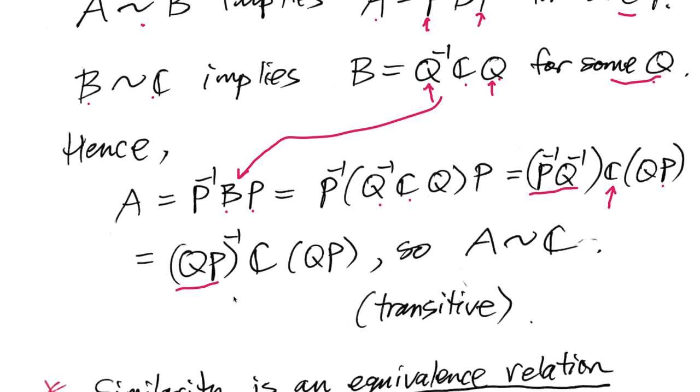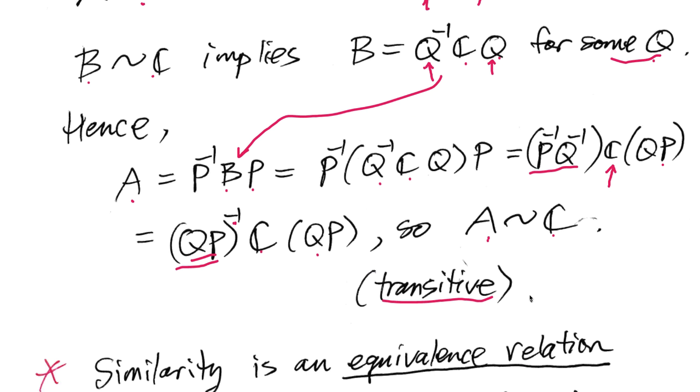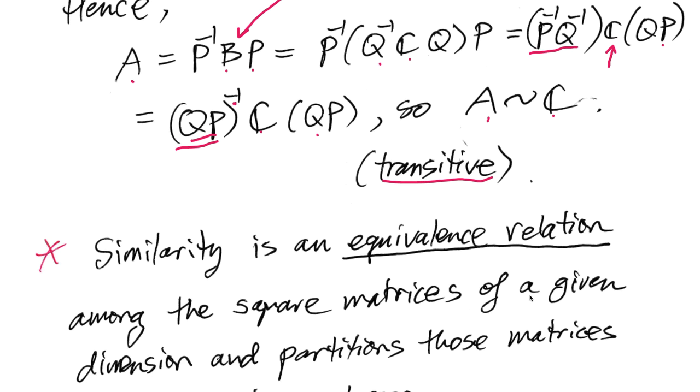These two are equal. Oh, but what would that be saying? That would say A is similar to C, because I've got some matrix, obviously invertible, so that matrix inverse times C times that matrix gives me A. Therefore, A is similar to C. This is sometimes called the transitive property. So there you go.